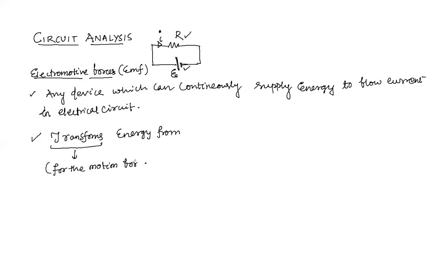So it transfers energy from a non-electrical form to electrical form. We can take an example of it in the next sheet. Though its name is EMF, it is not a force, it is an energy.